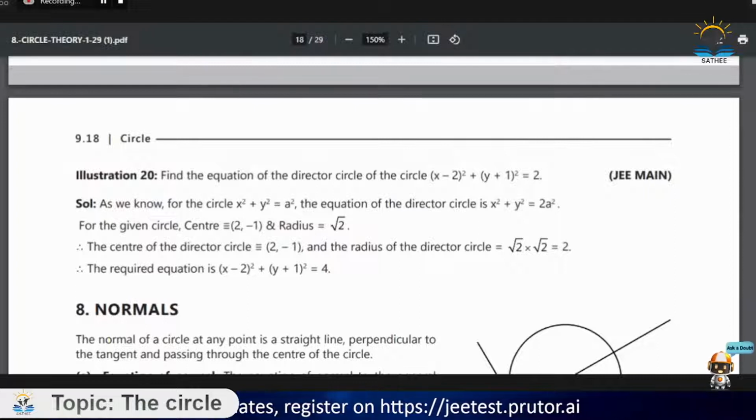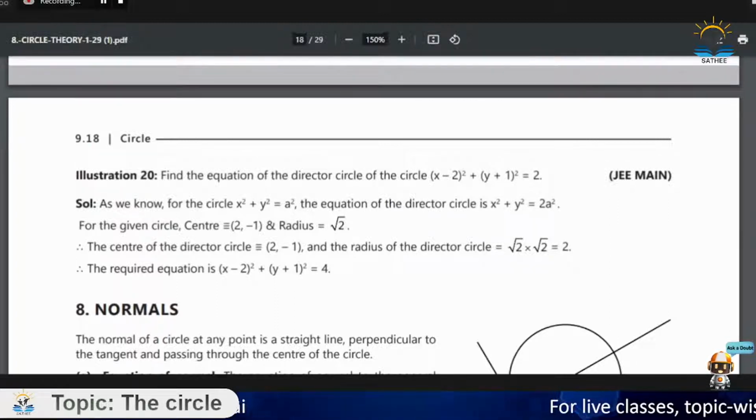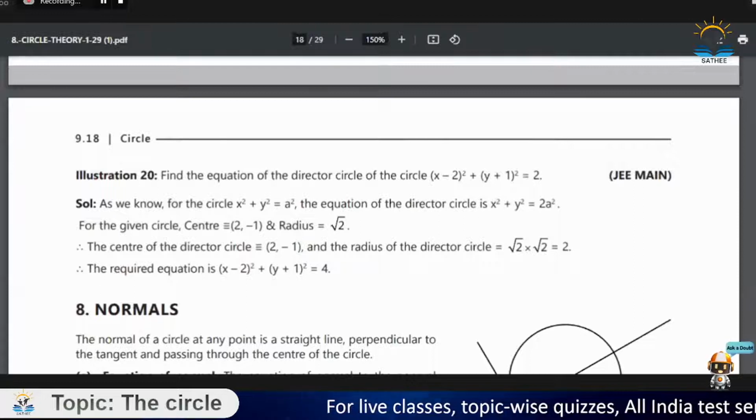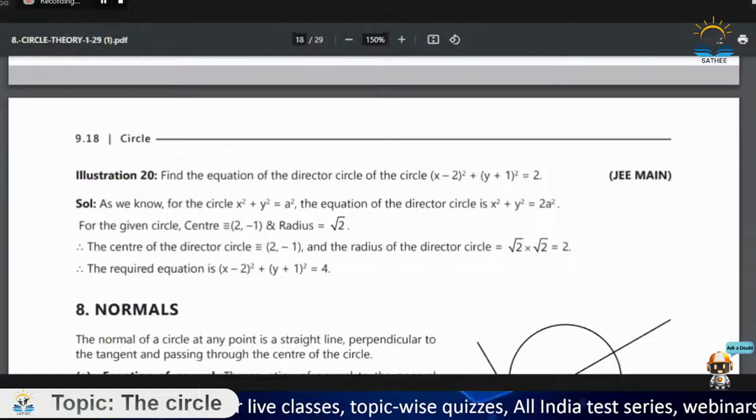The illustration says: find the equation of the director circle of the given circle. Please attempt this. Okay, the circle's center is (2, -1) and the radius is root 2. We know that the center of the director circle is the same as the center of the given circle.